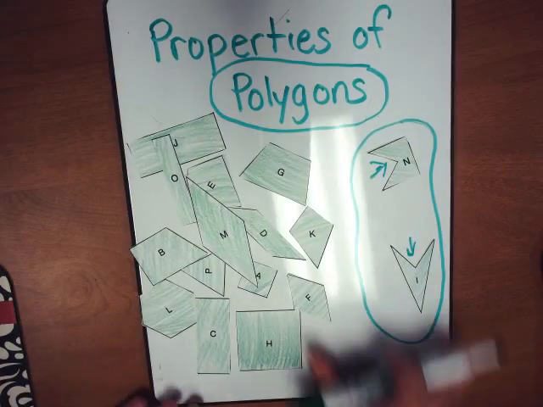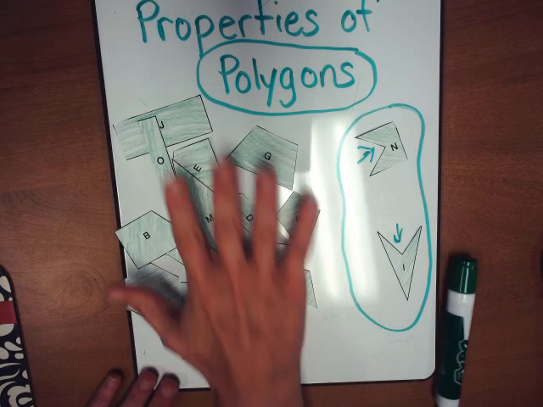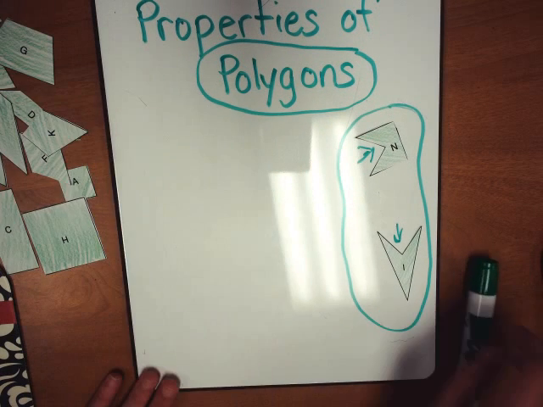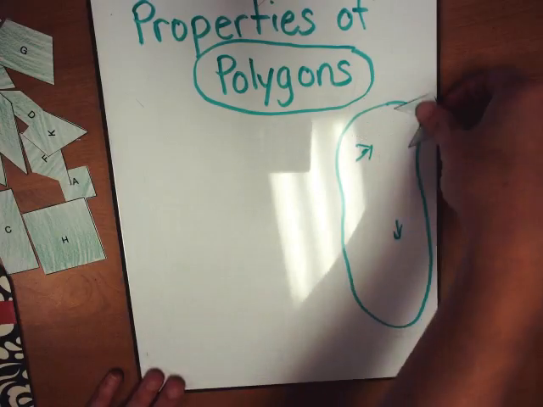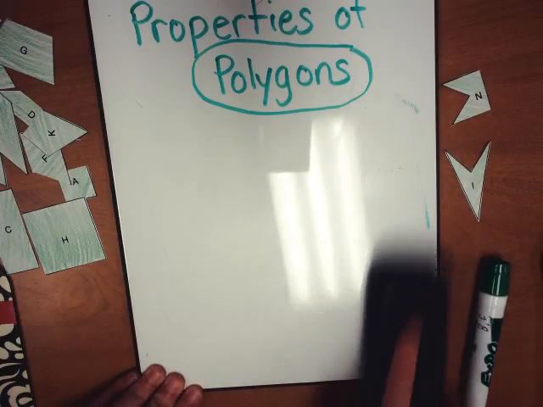What I would do to record this into my notebook would be to simply write the category and the letters rather than drawing all of those shapes.